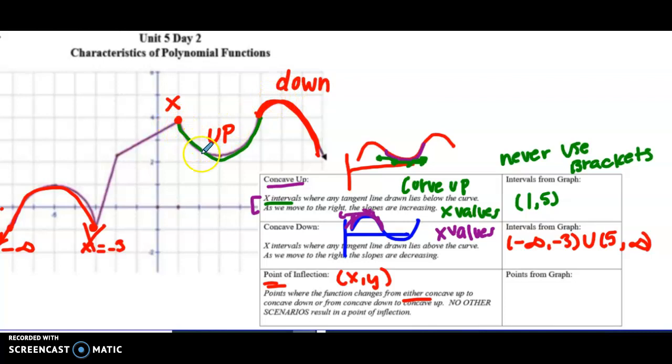On my curve right here, it went concave up, and at this point my graph started to look like it was going to turn and go concave down. I understand that this might be an estimation. You will not be able to find this exact point until you get to calculus, but this is just an estimate of where it changes from looking like a cup to looking like a hill.